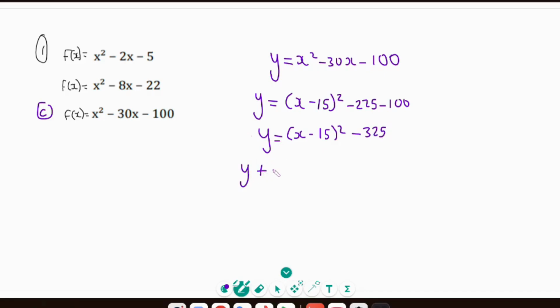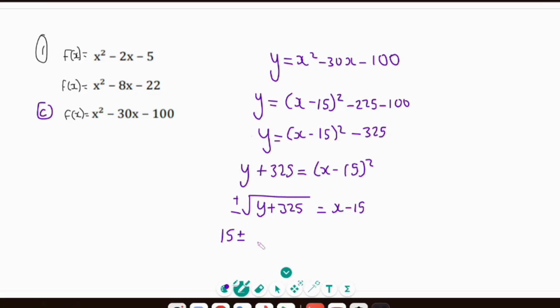Add 325 to both sides. Square root. Add 15. And write in function notation.